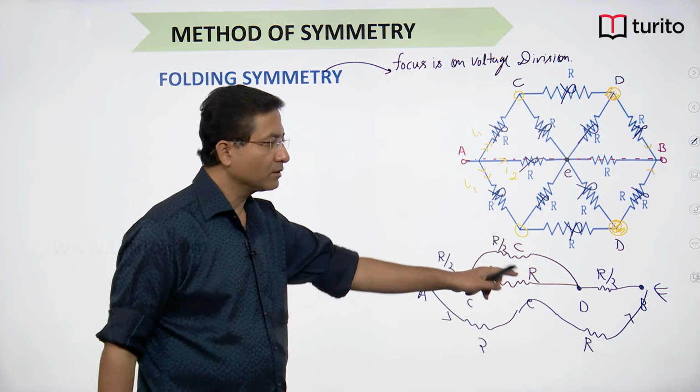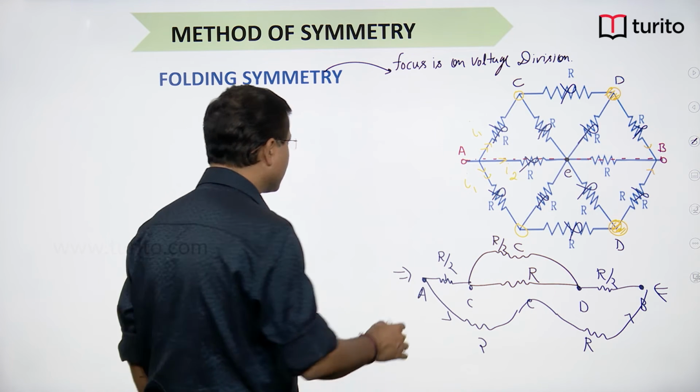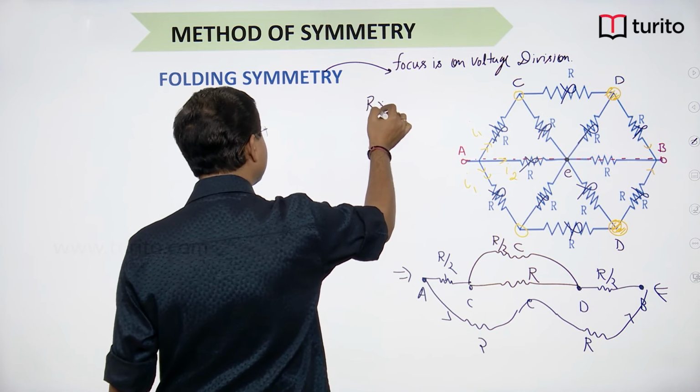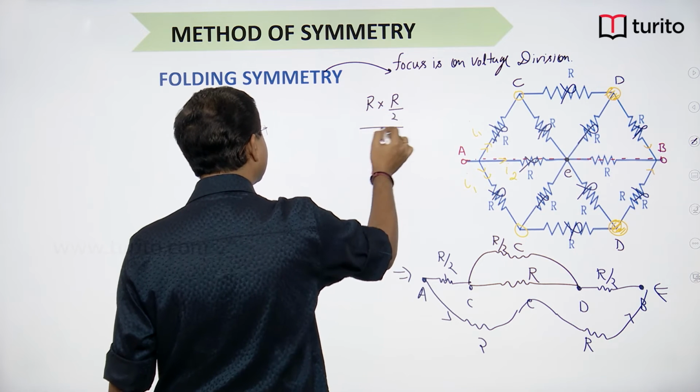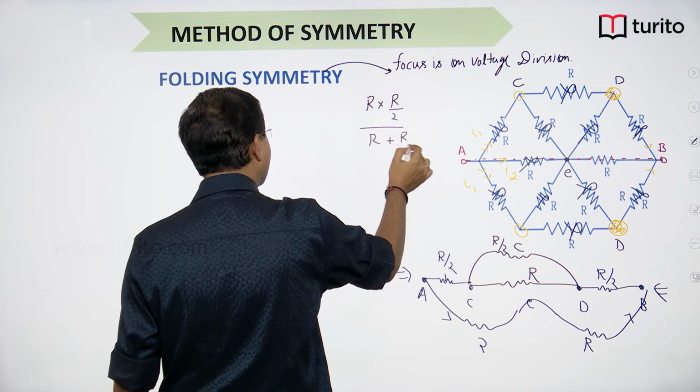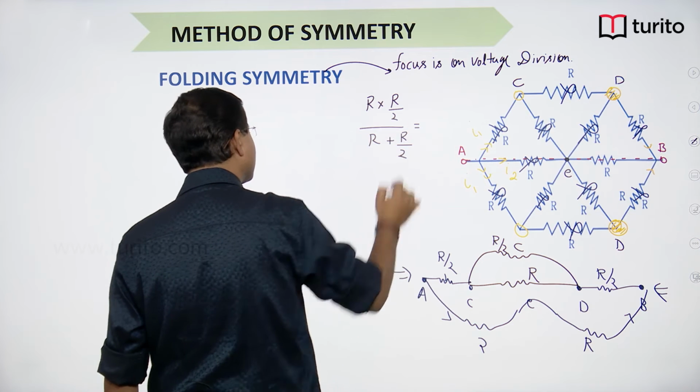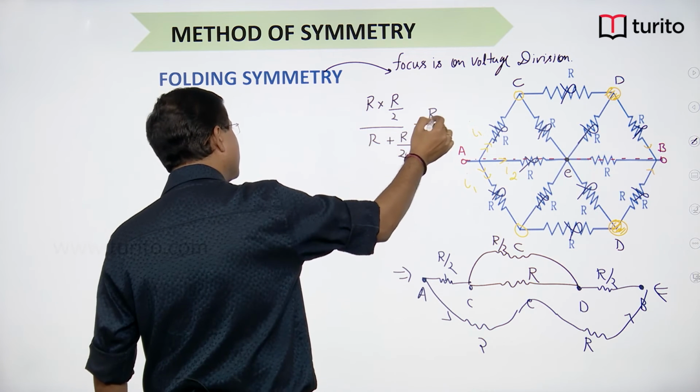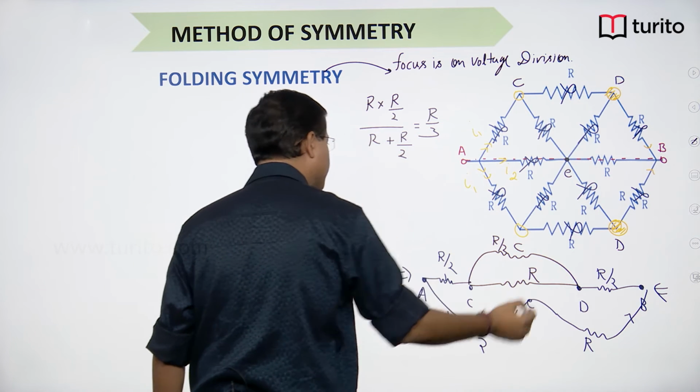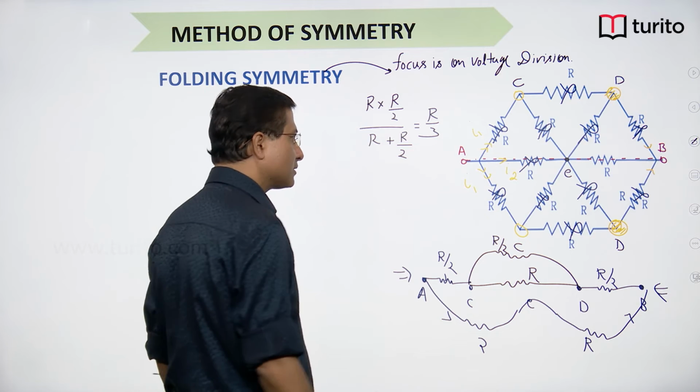Now, this R by 2 and R, they are in parallel combination. R into R by 2 divided by R plus R by 2. So, this will give you R by 3. So, this can be replaced by single resistor of resistance R by 3.